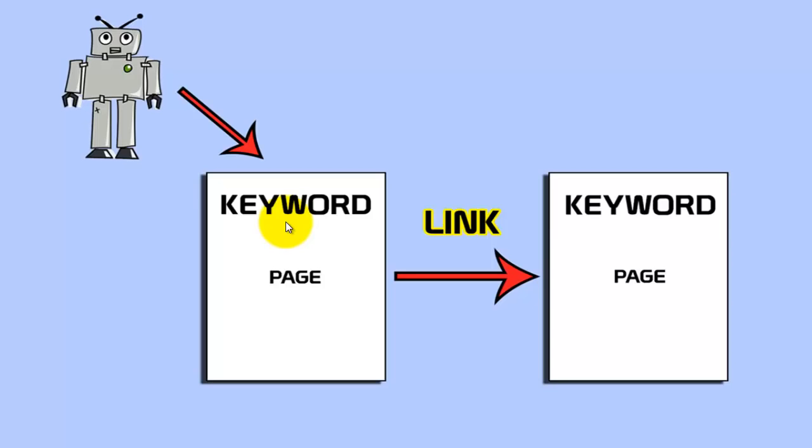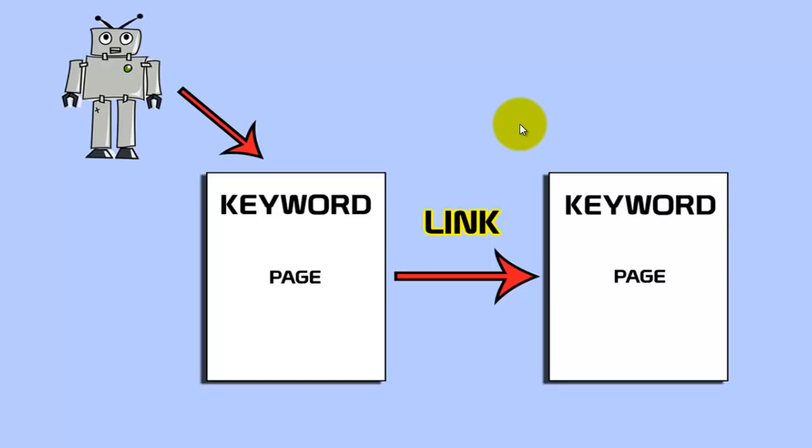Afterwards, what happens is they follow the links that you have inside of that website page. And many times this may be a link to another website page that you have inside of your site. Or for example, if in that website page you have a link to a Wikipedia page, the robot will follow that link, go to that Wikipedia page and perform the same action of analyzing that page content and seeing exactly what it talks about.